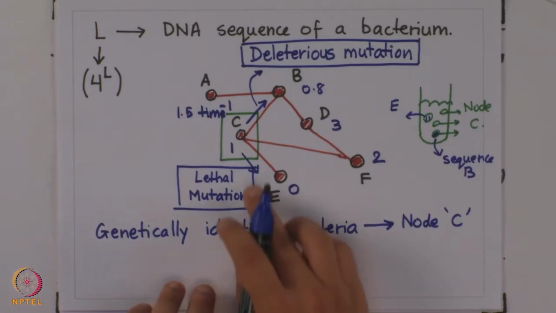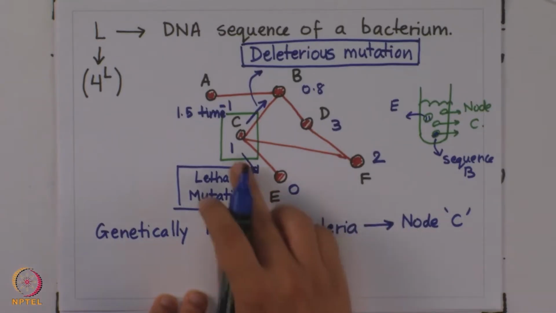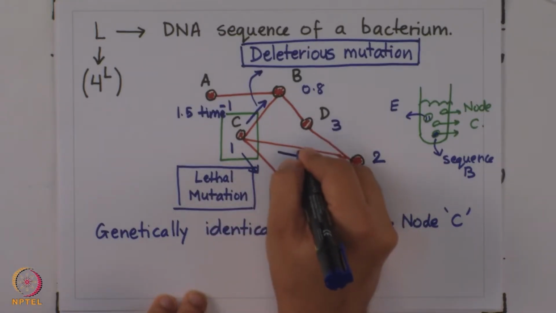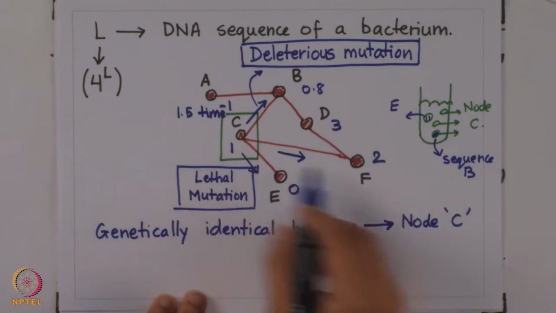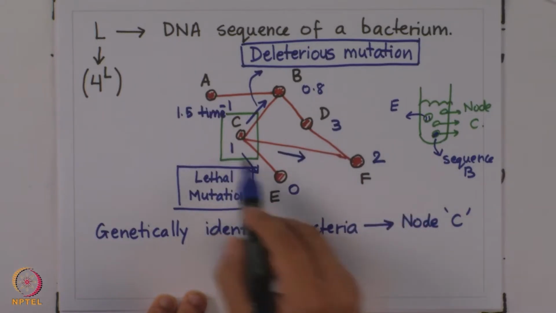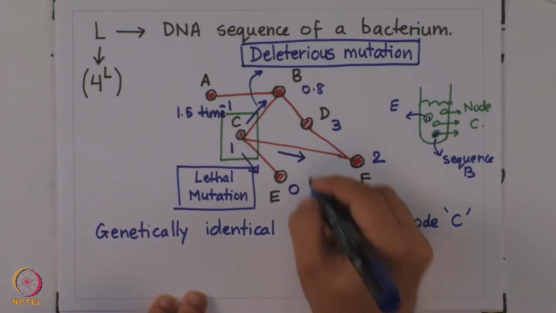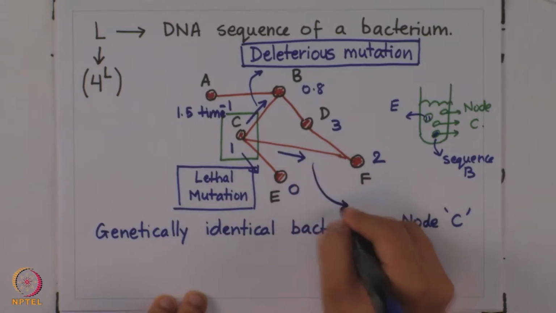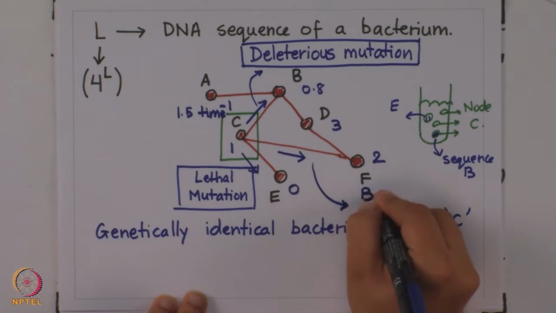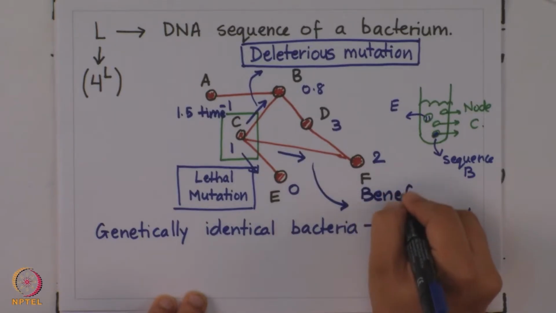The third possibility, as shown here, is that a mutation from C to F might happen, and this results in an increase of fitness from 1 to 2. When this happens, this type of mutation is referred to as a beneficial mutation.